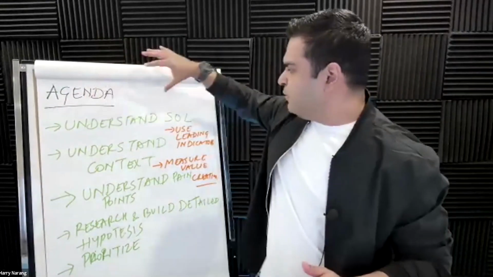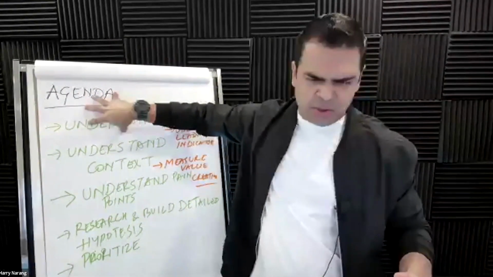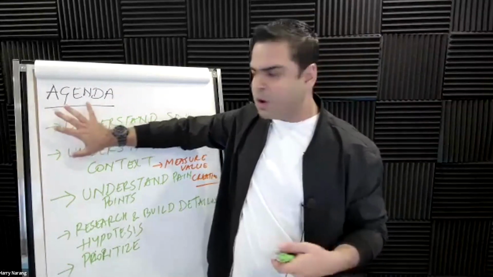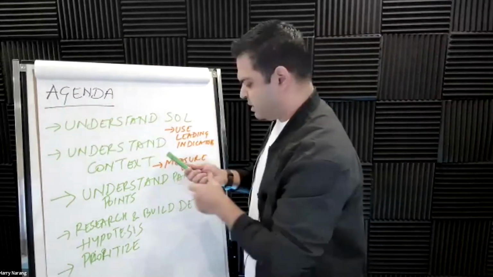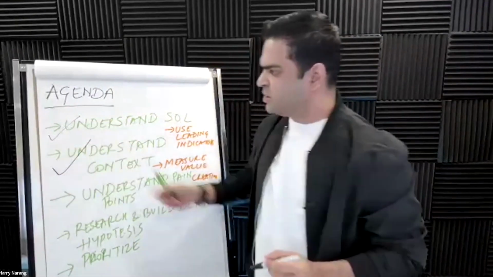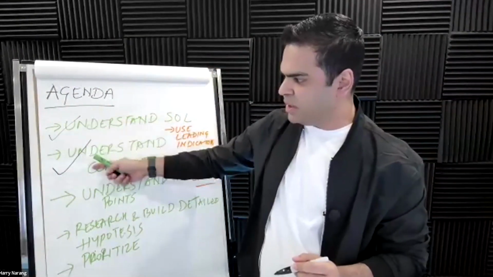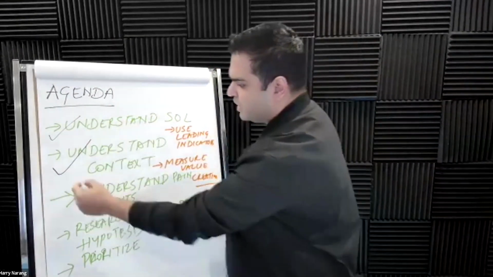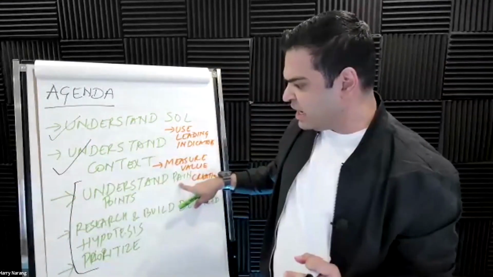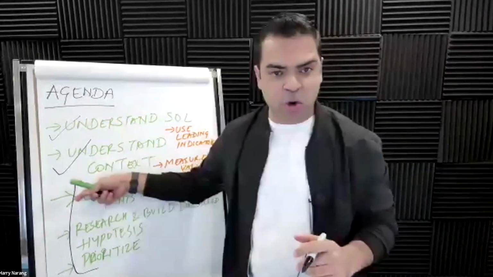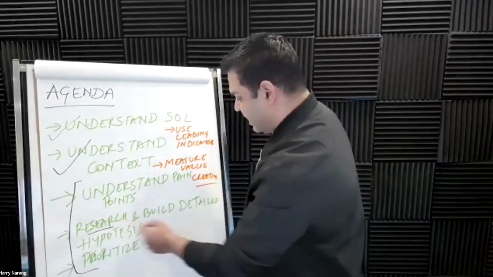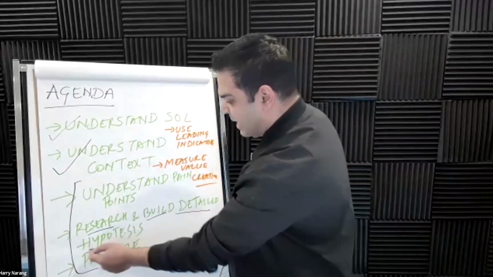We'll start off with understanding what a solution is. This is mostly basics, addressing the basics of product management context, the first one. Understanding solution and the context that your solution operates with. Once we do that, then we will get into some of the core elements of product management: understanding customer pain points, understanding goals that a business has, using research to build detailed hypotheses.